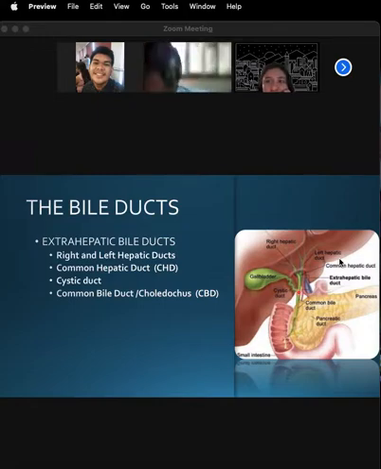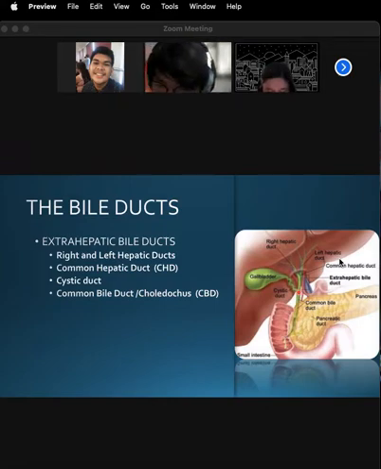So if the diameter of the common bile duct is less than 1.5 or 2 centimeters in widest diameter, then we would just do T-tube drainage of the common bile duct.